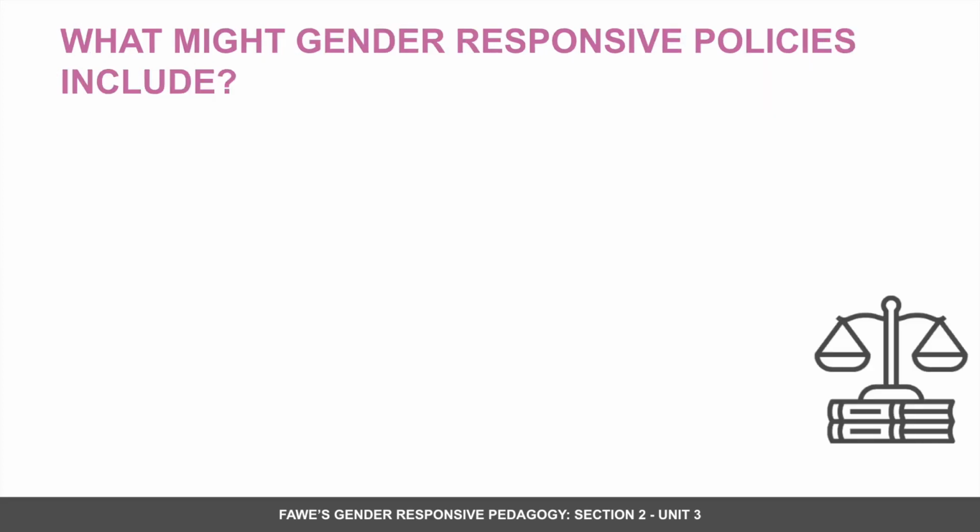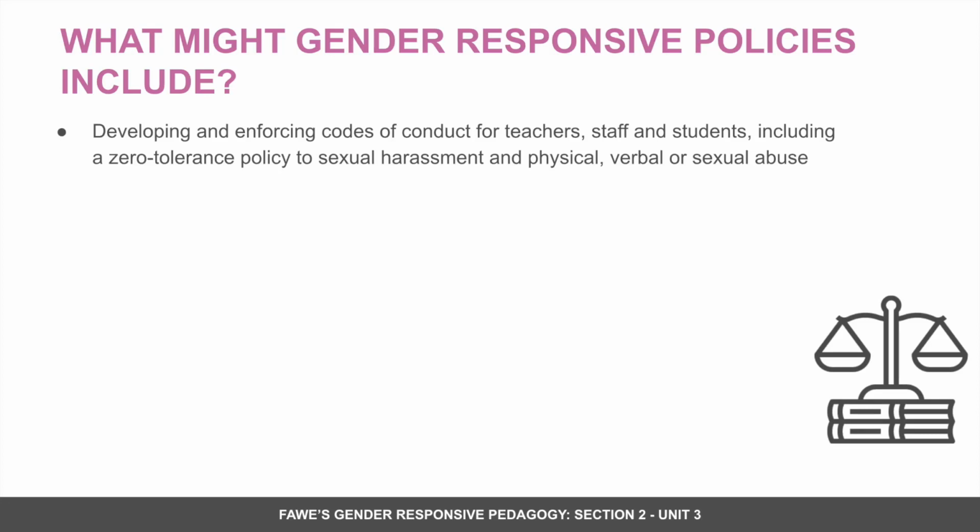What might gender-responsive policies require? Please write your response. Developing and enforcing codes of conduct for teachers, staff, and students, including a zero-tolerance policy to sexual harassment and physical, verbal, or sexual abuse.